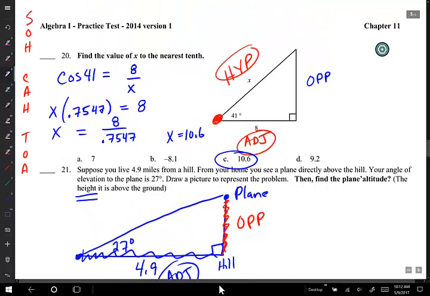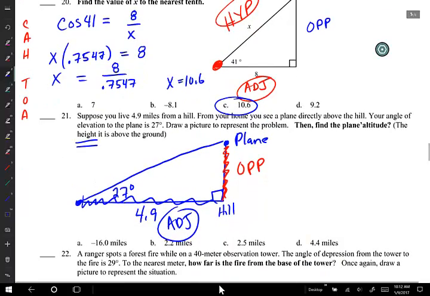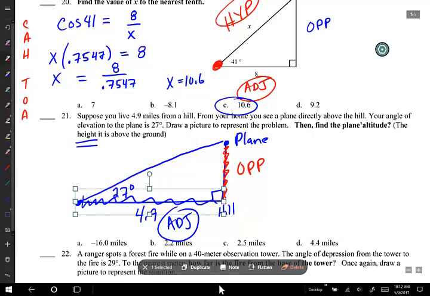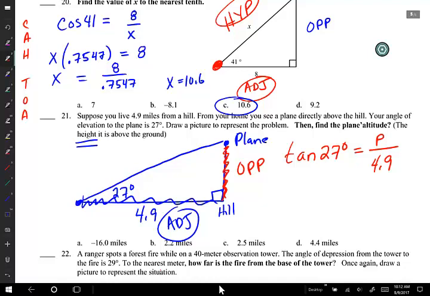What function uses opposite and adjacent? Tangent. Okay? So let's write this down. Tangent of 27 degrees equals opposite, I'm going to call that P for plane, over 4.9. Let's plug tangent into our calculator. 27 degrees.